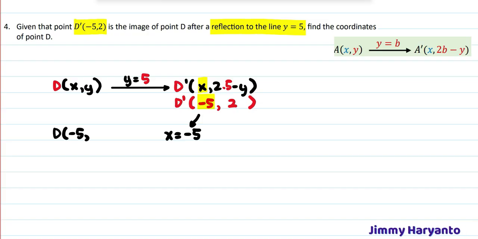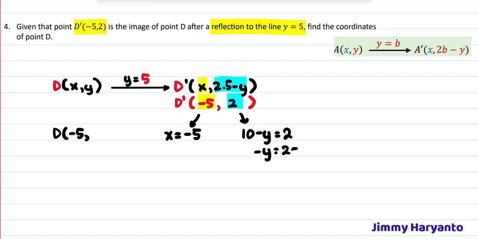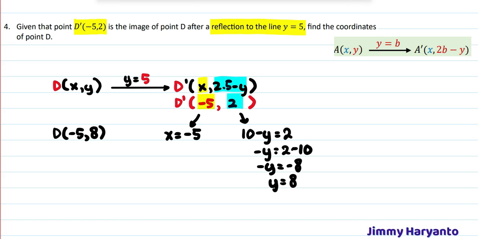For the y, let's compare the y coordinate of the image. So 2 times 5 equals 10. 10 minus y has to equal 2. That means negative y equals 2 minus 10, and then negative y equals negative 8. So y will become 8. There you go. This is the original point of D.